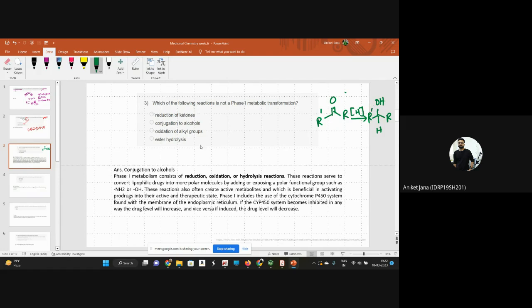So according to our definition, the introduction of NH2 or OH is making a polar group from the ketone. This was the non-polar one, and after the reduction of the ketone, after the reaction from ketone to alcohol, is it becoming more polar or less polar?